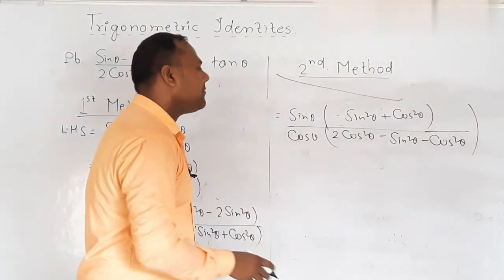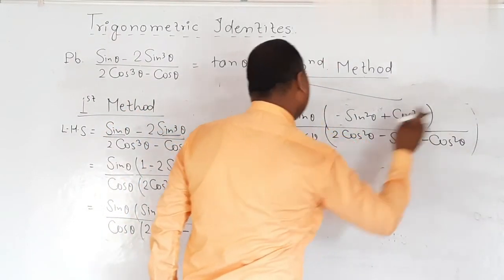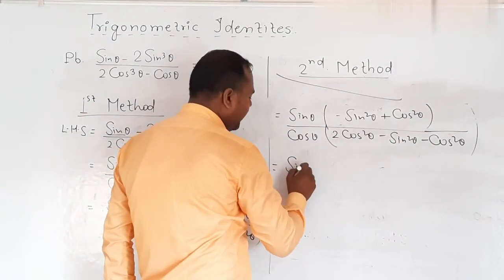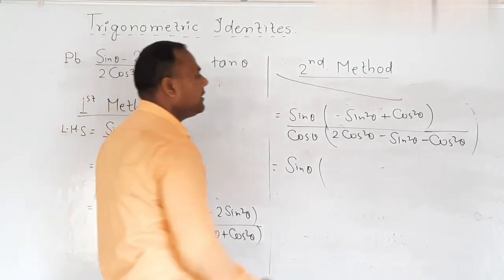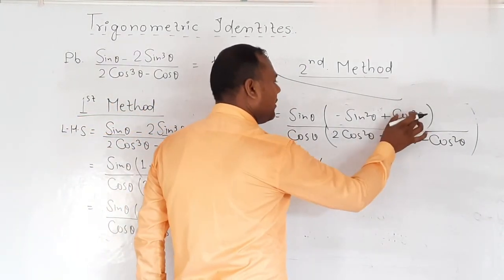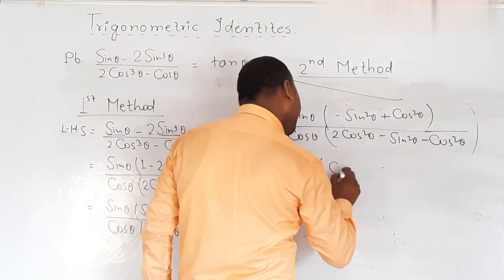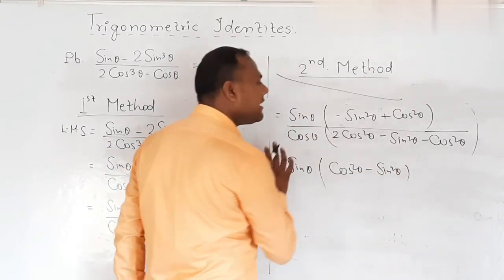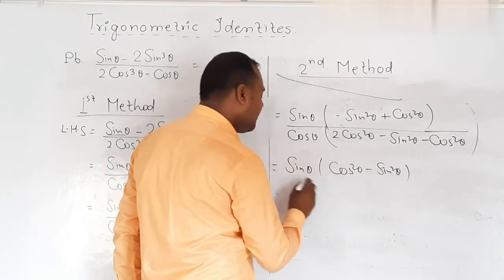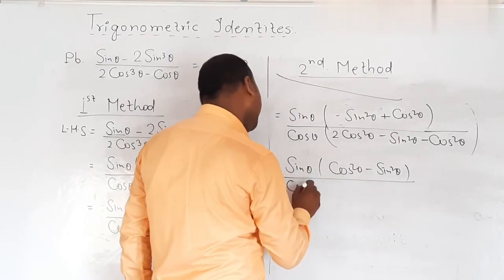And after that sin θ into, firstly we have to put the positive part, that means cos²θ minus sin²θ. This is the negative part, that's why we put it here, and cos θ.